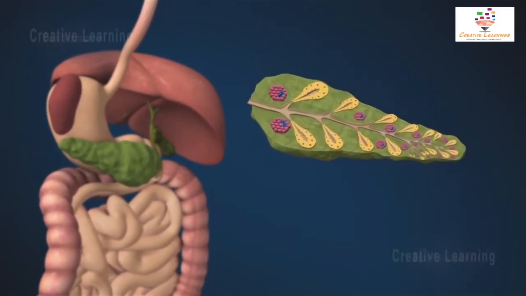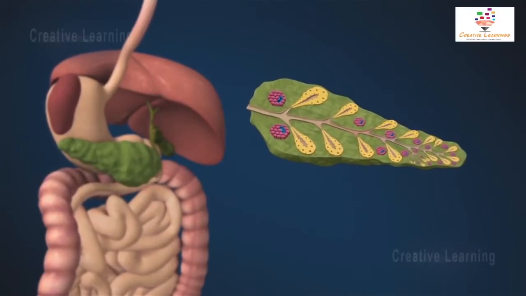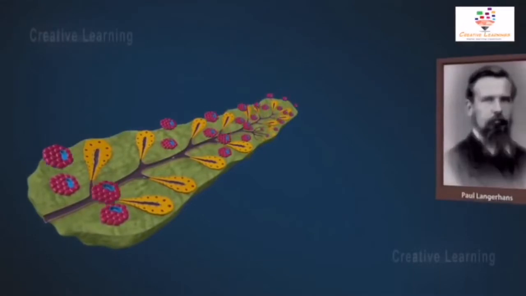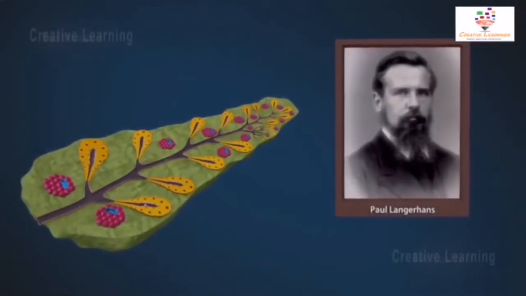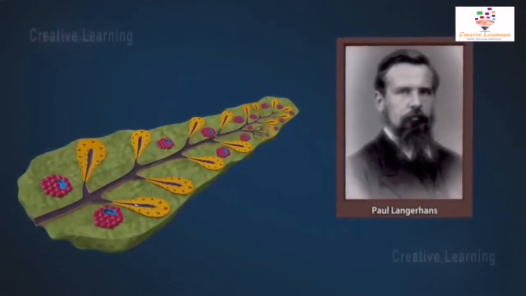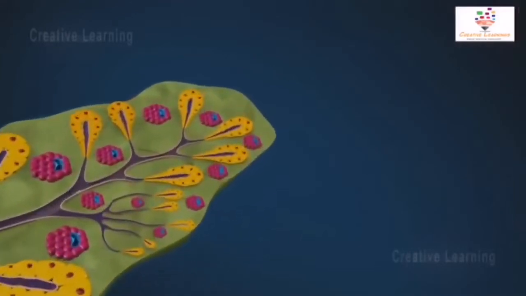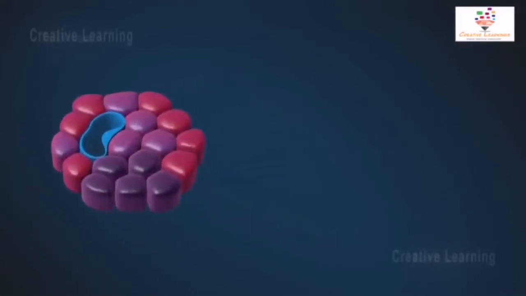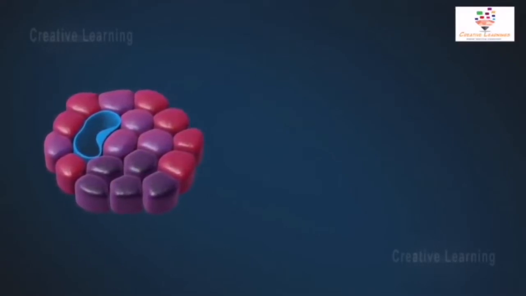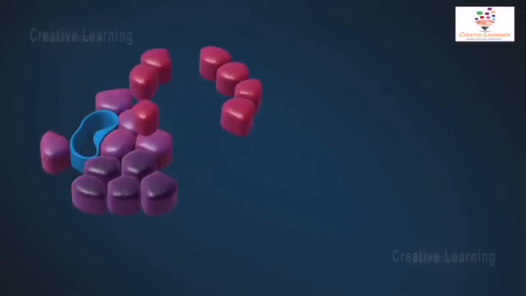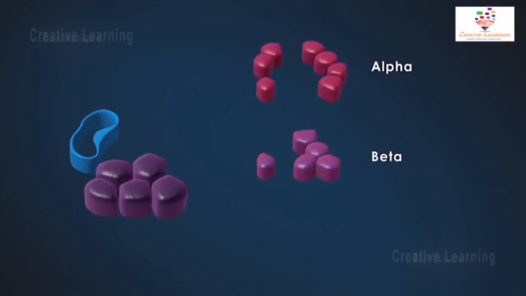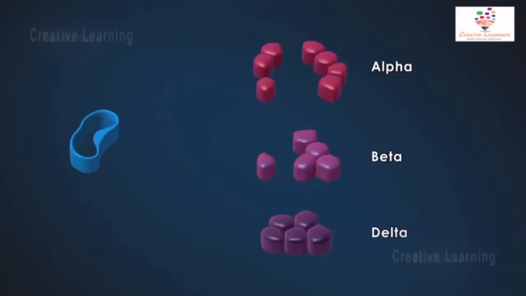Because of its functionality in both the endocrine and digestive systems, the endocrine cells, called the islets of Langerhans, named after the 19th century German pathologist Paul Langerhans, are scattered more heavily in the tail of the pancreas. The islets of Langerhans are composed of three types of cells: alpha and beta being the two primary ones, and delta being the third.